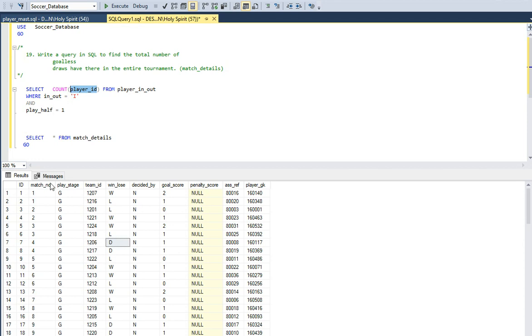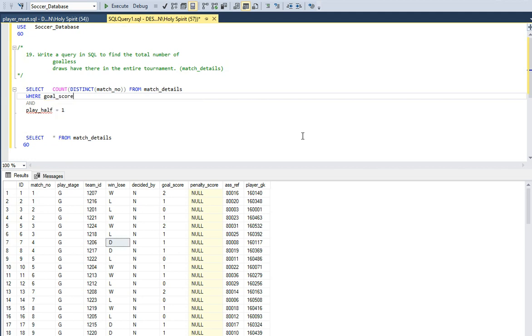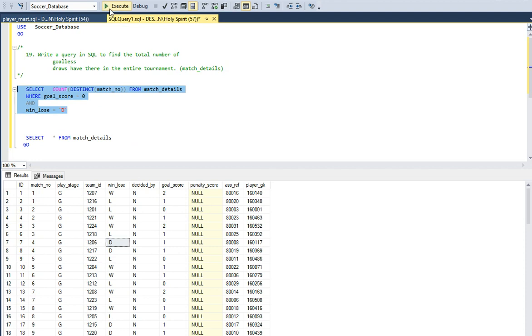So I'm going to take the match number, distinct match number, and this one is going to be from this table, where goal score has to be 0, and another one, win lose is equal to draw. Execute. 4.